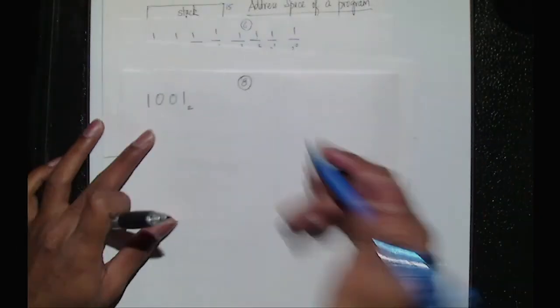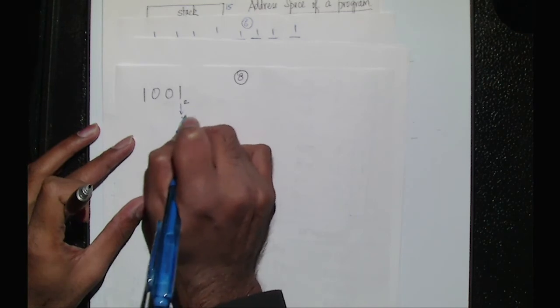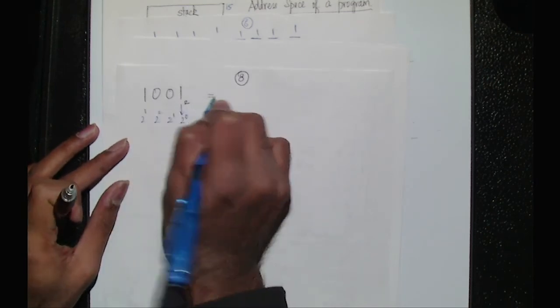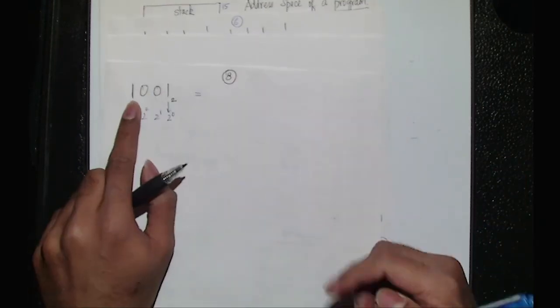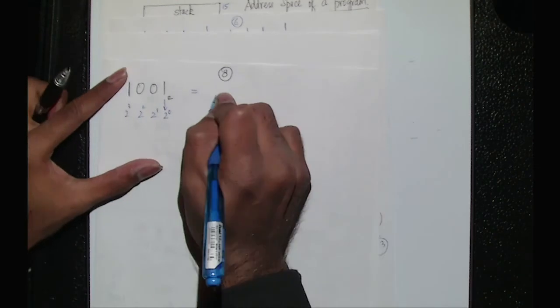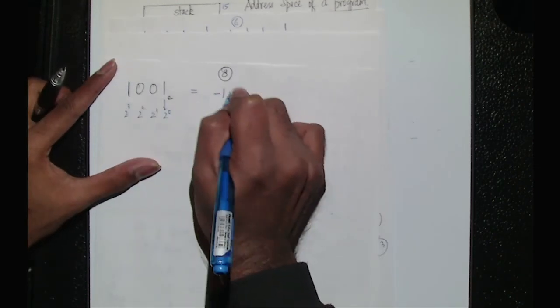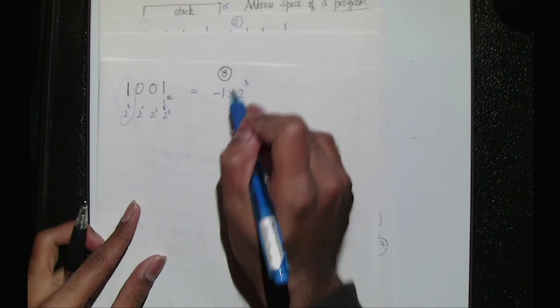One easier way than doing all these things is very similar to, we know that this position is 2 to the power of 0, 2 to the power of 1, 2 square, and 2 cube, right? So the easiest way is, for the first position, which we know is a signed position, instead of multiplying 1 with 2 to the power of 3, just multiply minus 1 with 2 to the power of 3, because the signed bit is 1 here.